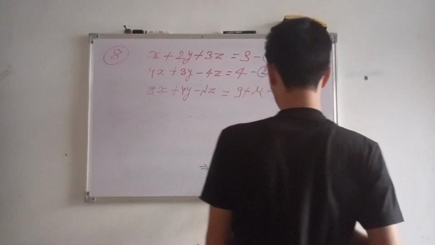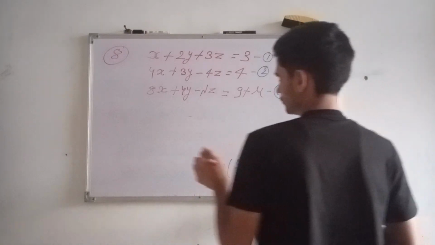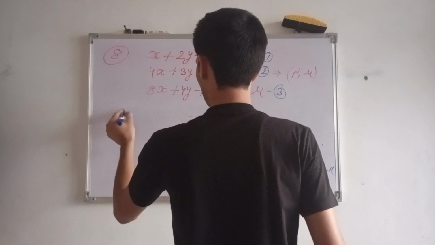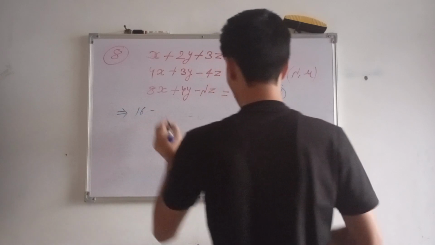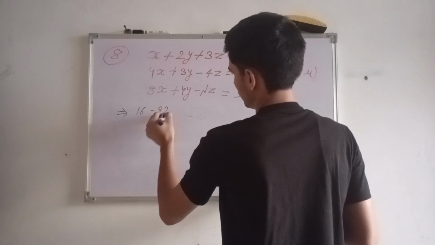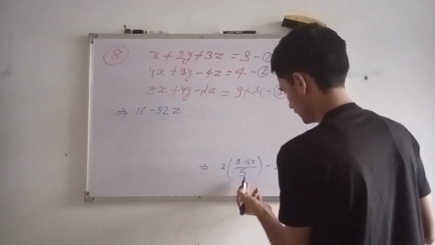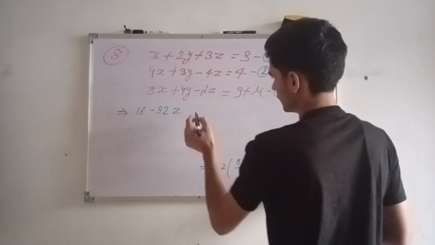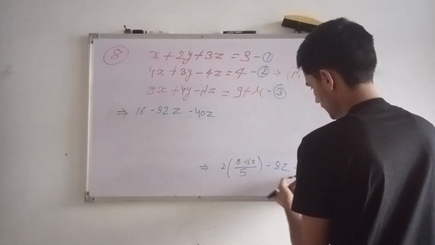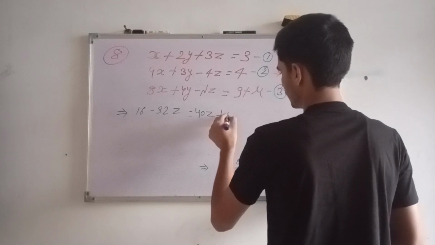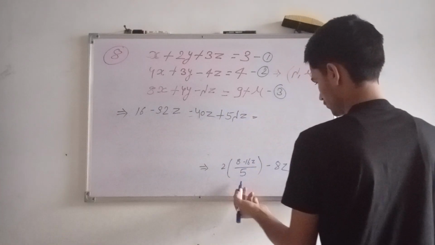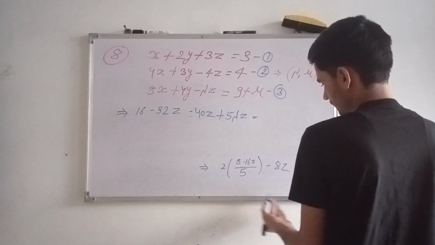So take 5 as LCM and bring this 2 inside. We will get 8 into 2 is 16, minus 16 into 2 is 32z. Taking 5 as LCM, we will get 5 into 8, minus 40z plus 5 lambda z is equal to, we will have 5 LCM here.